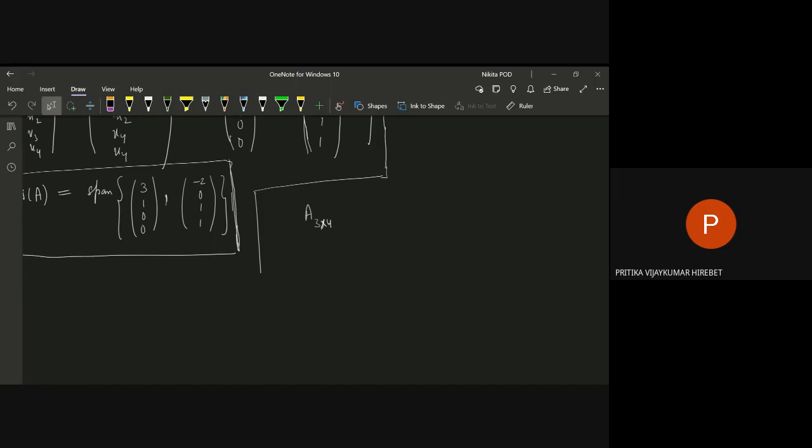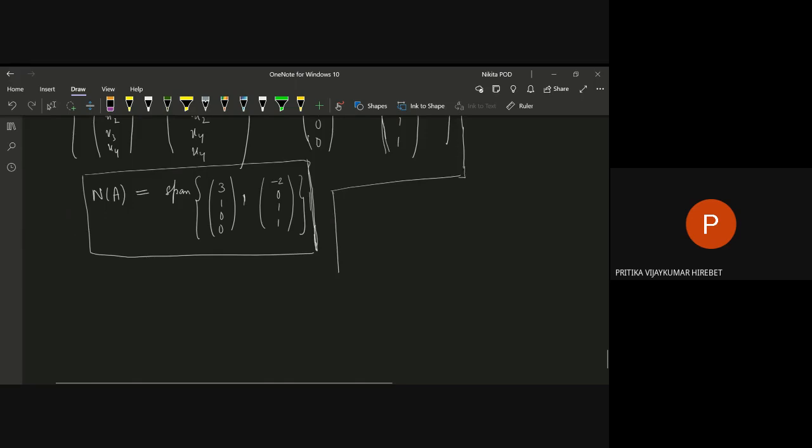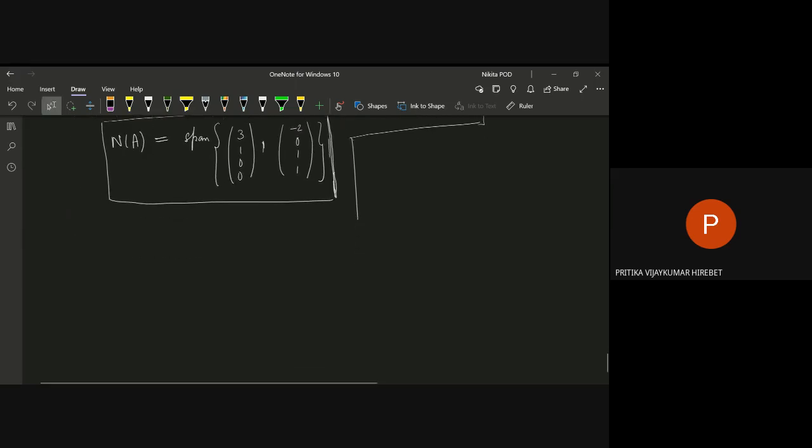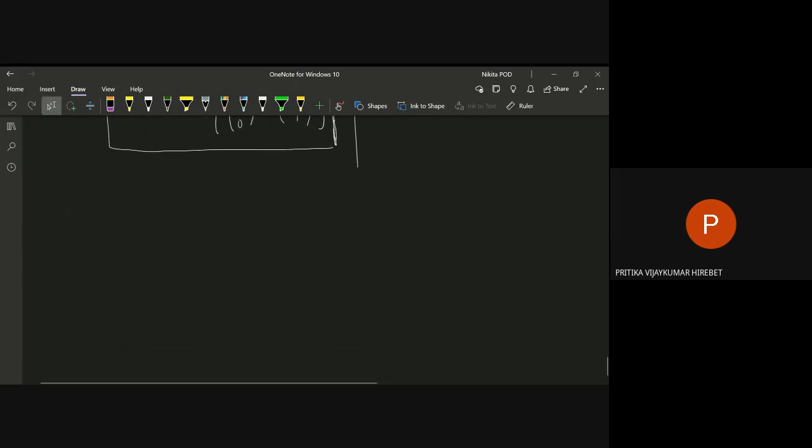Ma'am, theoretically everything seems fine, to calculate nullity or rank or whatever the case may be. But when it comes to real life applications, how will we connect that? That is the main question actually. For calculation purposes, that is okay.